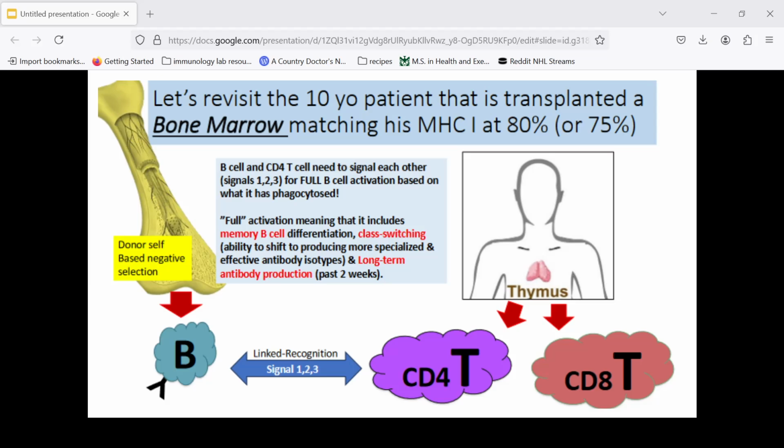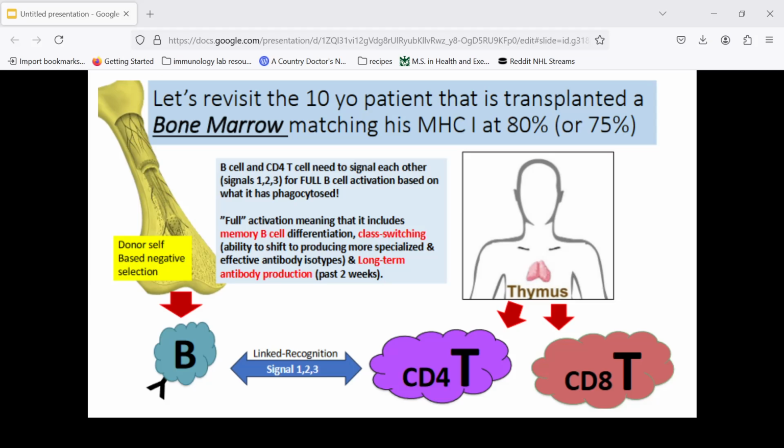And they know the DNA, they understand the self that is shown in this bone marrow, which is going to be from our donor. Which means our B cells know our donor. They don't know our recipient. They don't recognize our recipient necessarily as self.